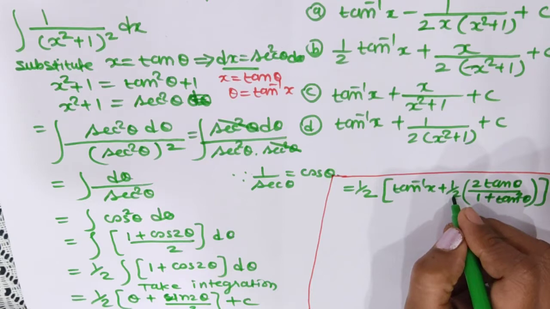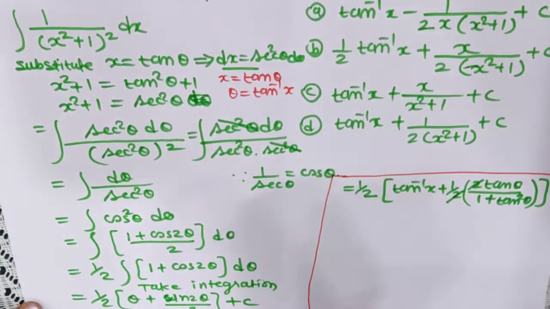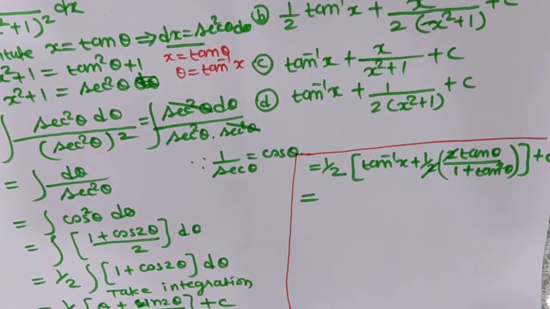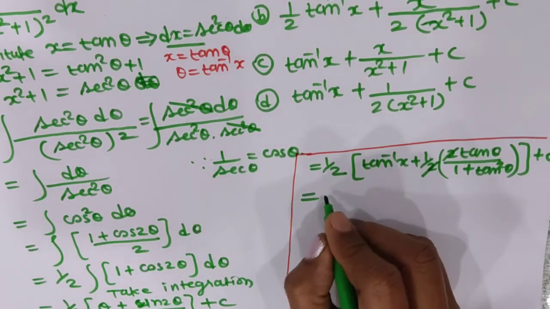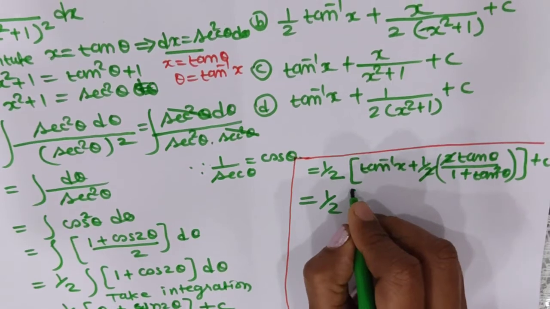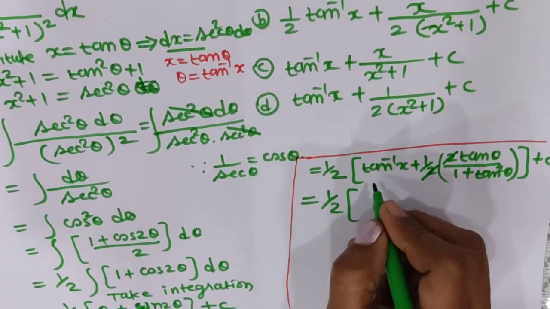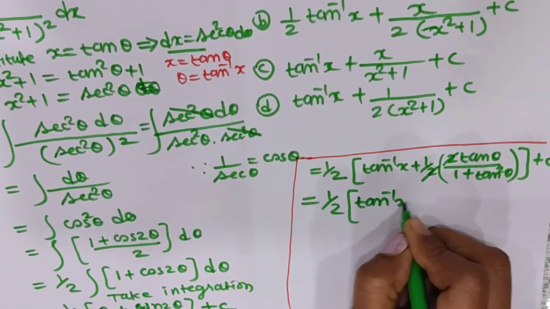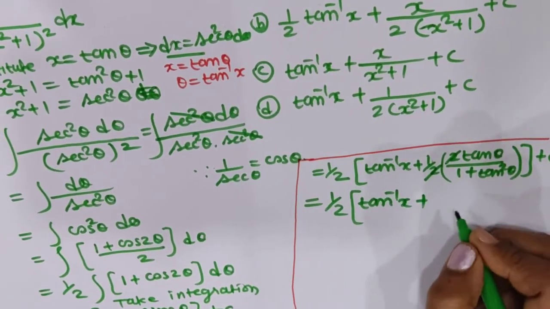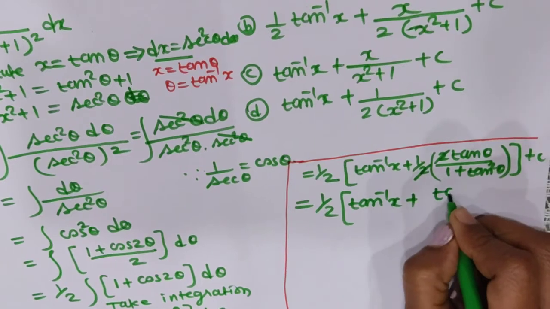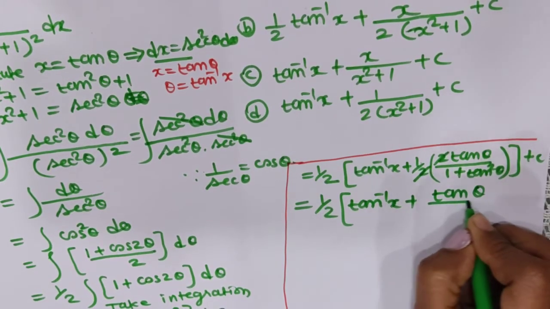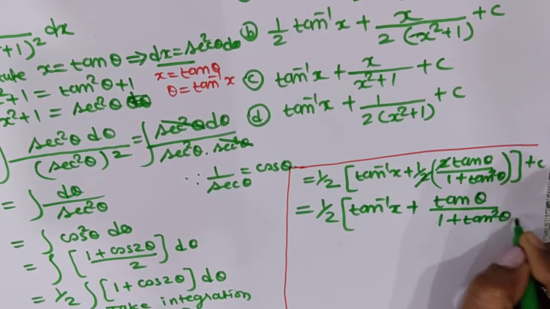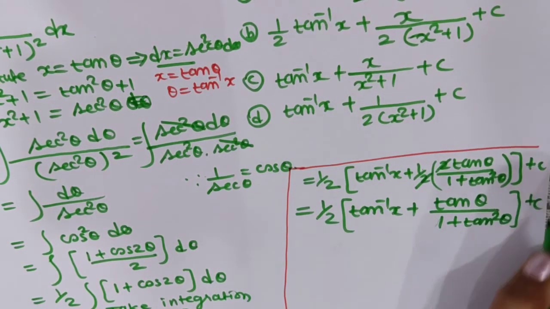Now these two and these two get cancelled. What is remaining? 1 by 2 as it is, tan inverse of x plus tan theta upon 1 plus tan square theta plus integrating constant.